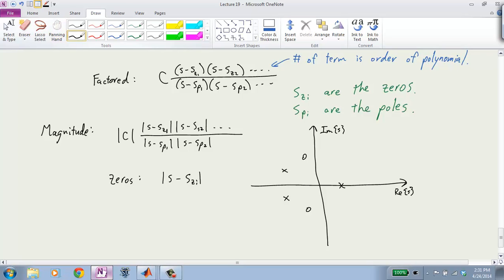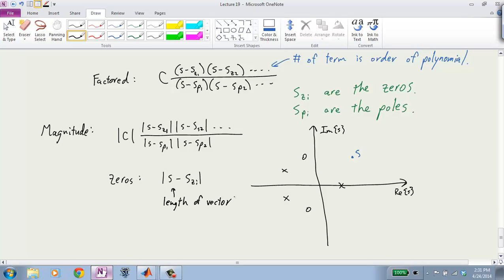So S is our variable. It's our complex variable here, right? So if we want to understand what's the magnitude of the Laplace transform at a particular value of S, let's say that value of S, what we have are the vectors from all of the zeros. This is the length of the vector.